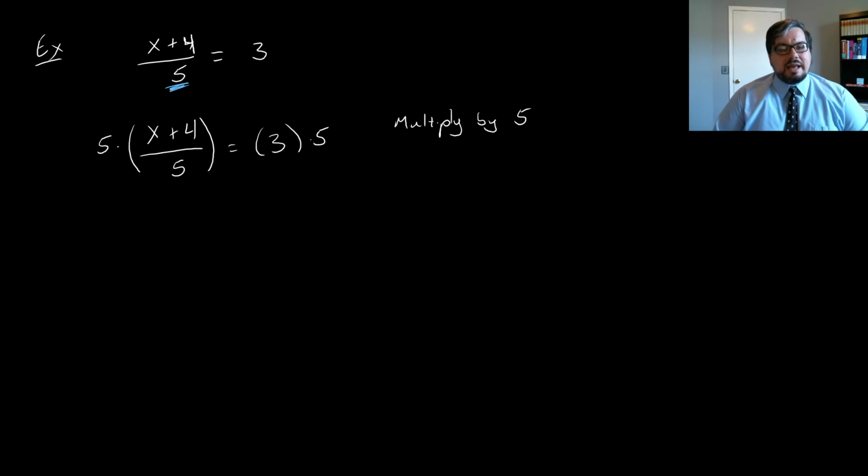Well, here we can actually do quite a bit. On the left here, remember that multiplying by 5 is the same as multiplying by a 5 over 1. And a lot of times we want to do that when we've got one of our factors being a fraction. We want to write the other one as a fraction too, so that they can match up as much as possible. Now here we're multiplying two fractions together.